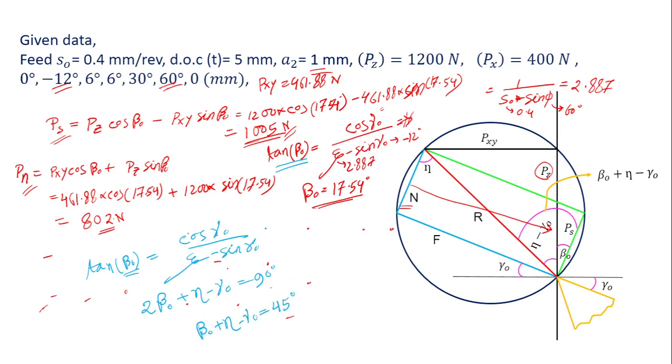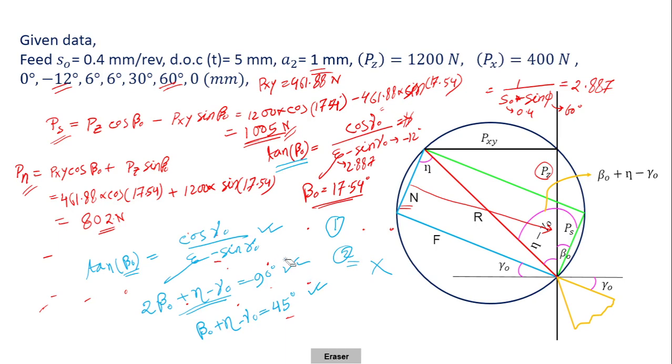Then why do we not use this equation or this equation? Why only this equation? This is the first question. Second question: if I follow this equation, can I get the same value of beta naught? The answer to the second question is no, I will get a different solution.